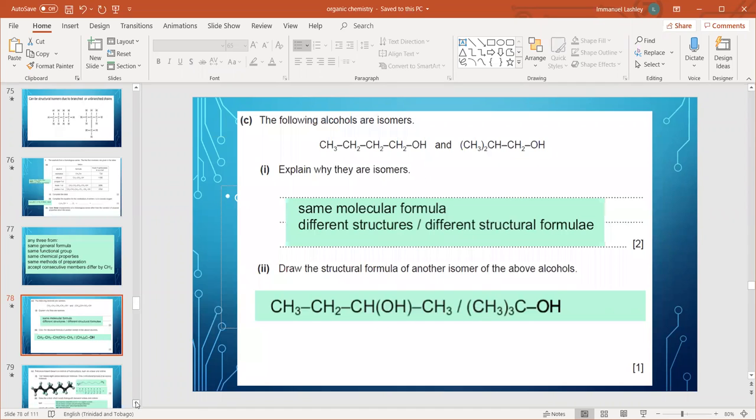Next question. The following alcohols are isomers: CH3CH2CH2CH2OH and (CH3)2CHCH2OH. The question says, explain why they are isomers.